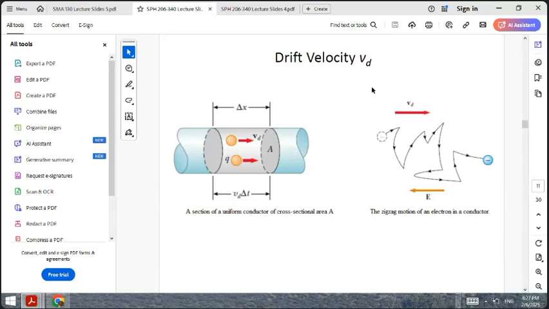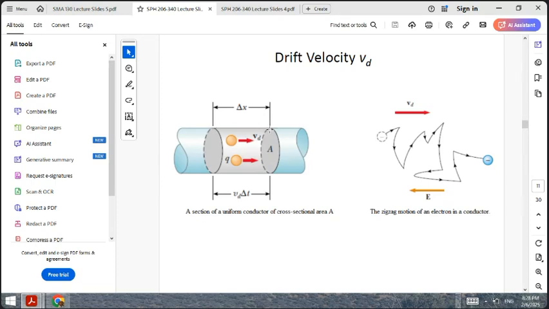Look at this. We want to define something we call drift velocity, and we start from the very basics we learned in secondary school, that velocity is distance divided by time, and therefore distance will be equal to velocity times change in time.